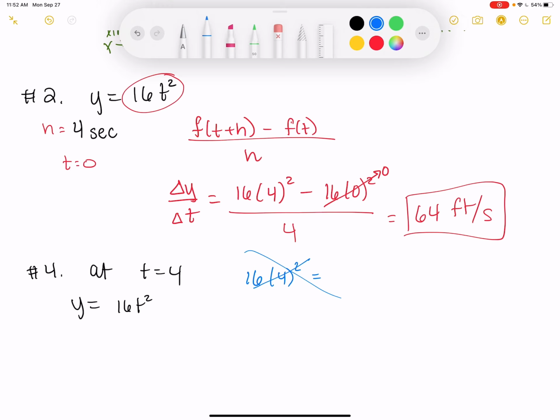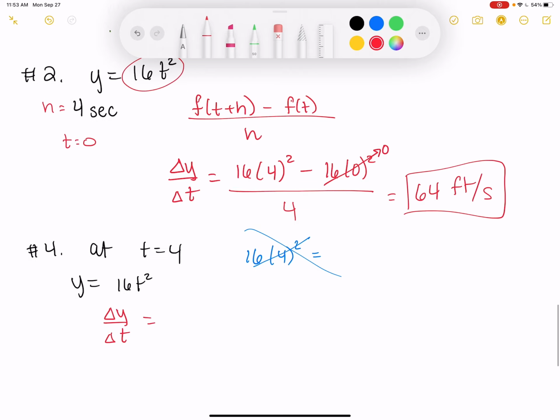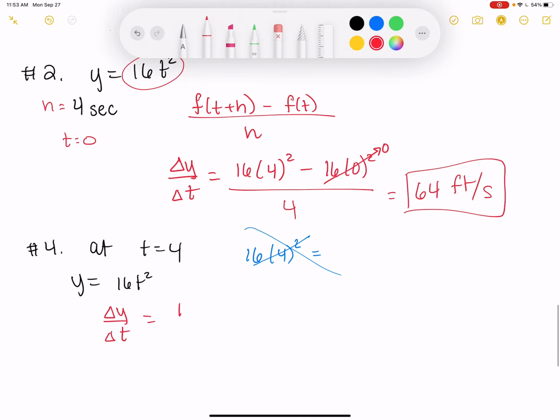That's not how we have to do this. So we're going to use the same formula here, delta y over delta t. In this case, 4 is going in for t. For both of them? Because it's technically our initial as well. What? We put it in for both of them? No. The other value is unknown.